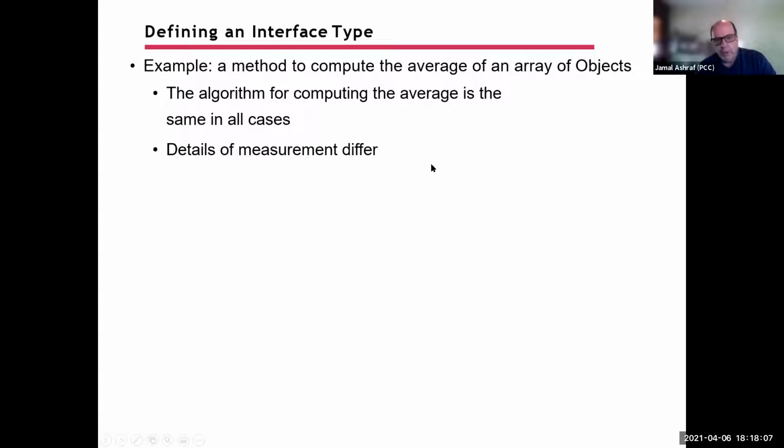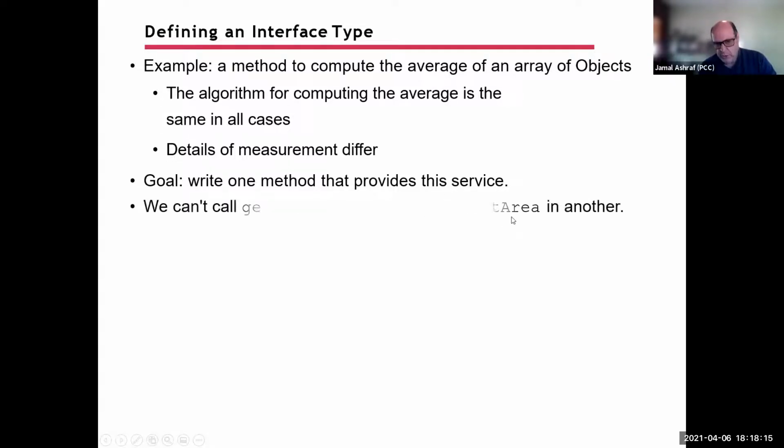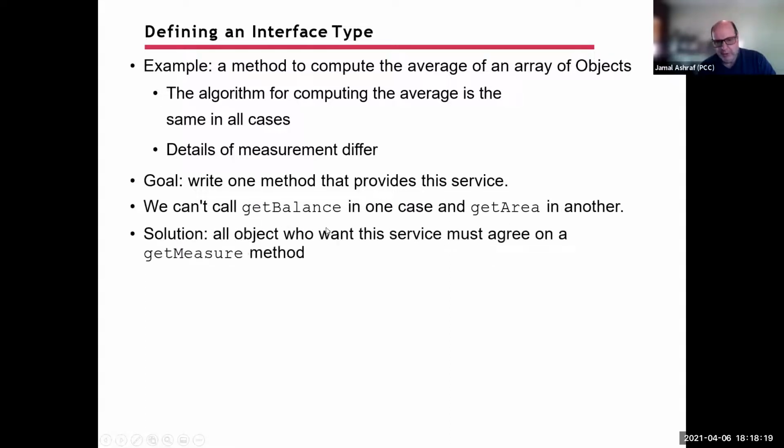So we are going to be creating some method that's going to be doing that service for us. That would be the average. And then we're going to find a way to, for example, if I have a bank account, do the average for my balance. If I have a country, I'm going to do the average of their area.